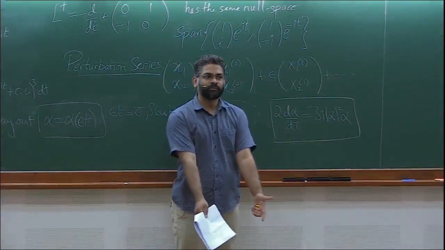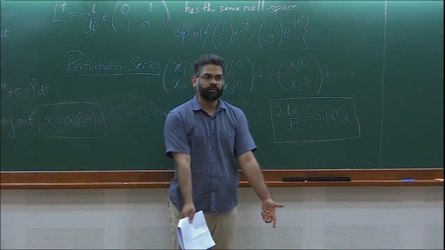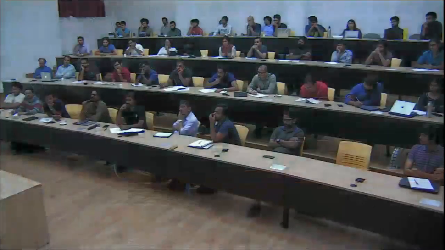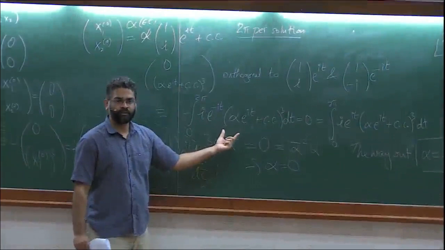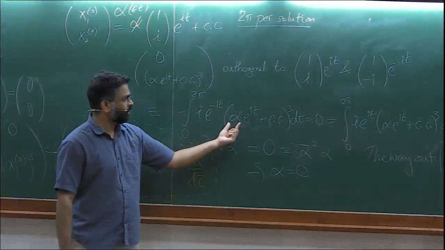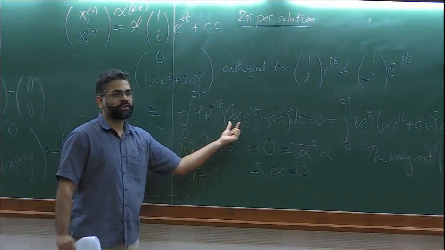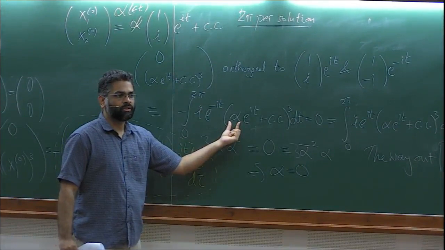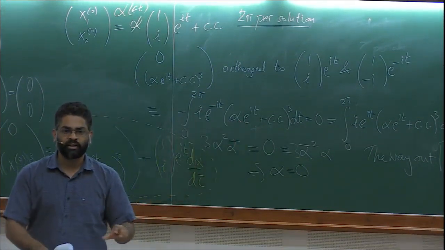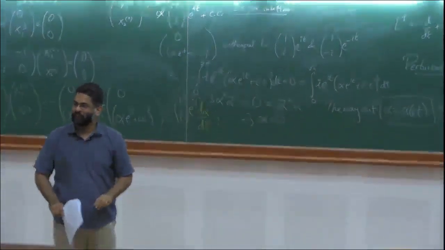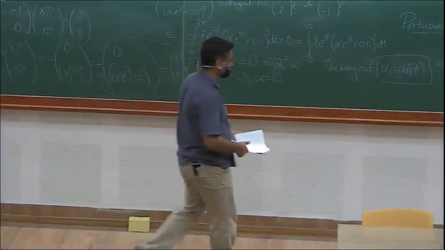Because alpha is a function of time now, right? So if you considered this integral, for instance, this is the one that you really have to worry about. Alpha is a function of time, so it can't really just come out. You can't just say, oh, you have an e to the 0. That's the one you have to worry about, right?